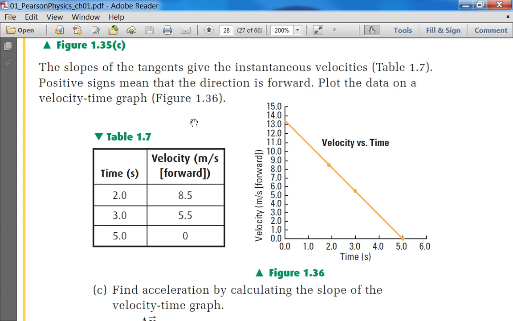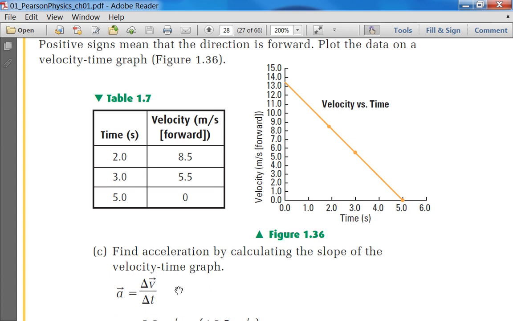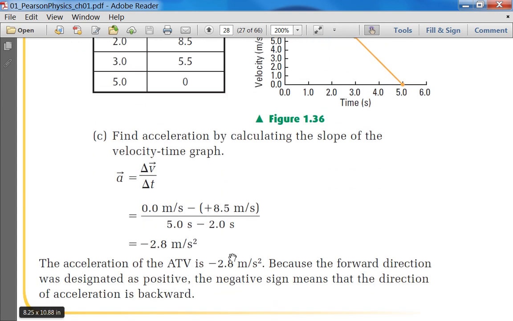Whether it's positive or negative, that's up to you to determine. But in Physics 20, you'll never have variable acceleration. In Physics 20 and Physics 30 in Alberta High School, you will always have constant acceleration. Variable acceleration is higher level, university stuff. And to find the acceleration, they will find the slope of this line, delta v over delta t, and you can see here the negative acceleration.